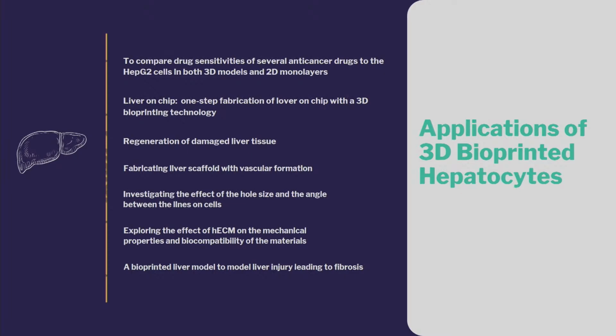So if we talk about some realistic applications that people are working on all across the world, the first application is to compare drug sensitivity across 2D models and 3D models. A lot of people start with 2D modeling, right? Just monolayer cell culturing. So you can compare how the 3D models are reacting and how the 2D models are reacting when you're incorporating cells into it. These kinds of studies have already been done.